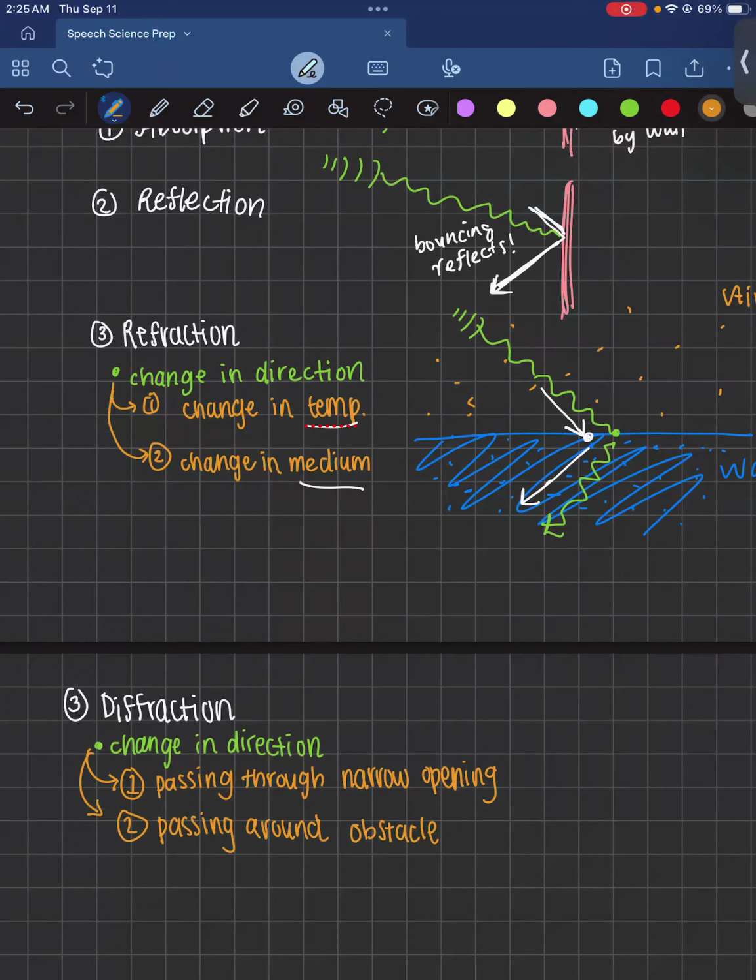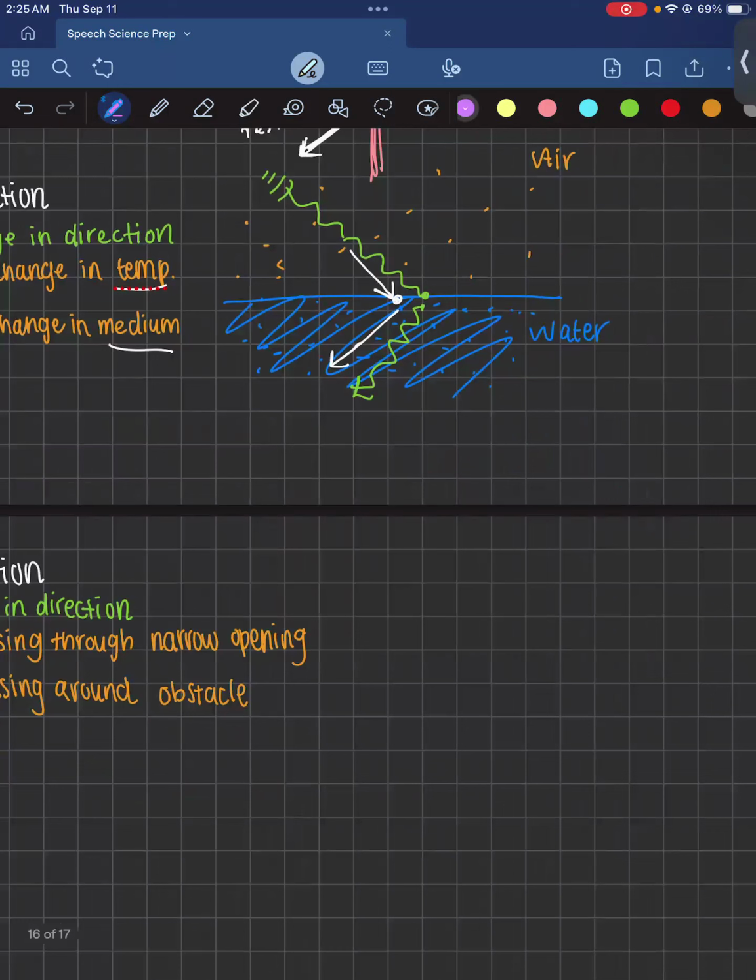So, for example, if I'm standing over here and my buddy is standing over here, and then I have this giant rock in between, and I'm speaking to my friend. What happens is that this sound will end up changing direction.